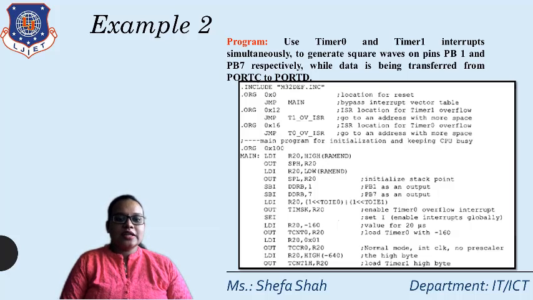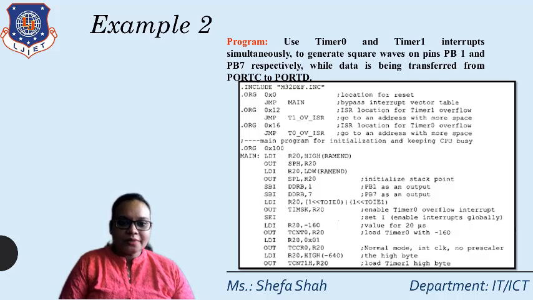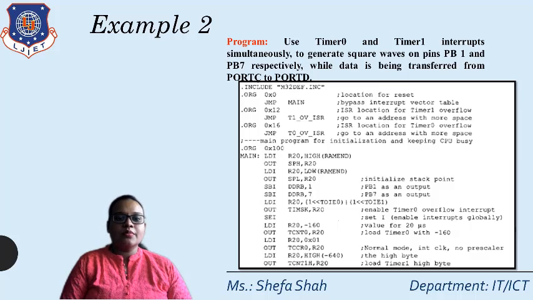So as you can see here, we have taken three .org. First, that is for reset. Second, .org 0x12, that is the timer 1 overflow flag, and .org 0x16, that shows the timer 0 overflow flag. Clear? Now, in the main program, we have initialized first of all the stack.